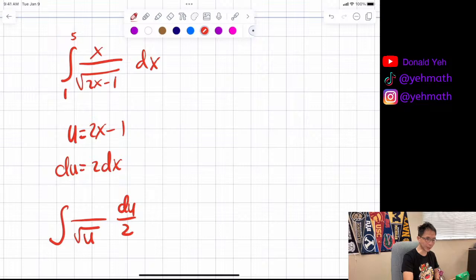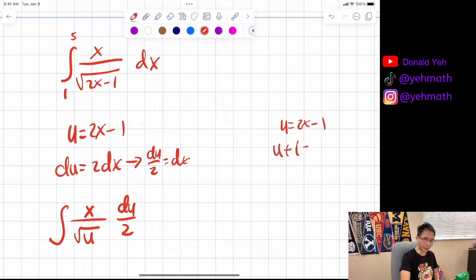And then x. Obviously, the problem is the x, because du over 2 is equal to dx. So far, any questions? No. Okay. Well, let's change the x. So this one requires back sub. You say u equal to 2x minus 1. u plus 1 equal to 2x. u plus 1 over 2 equal to x. Is that okay?